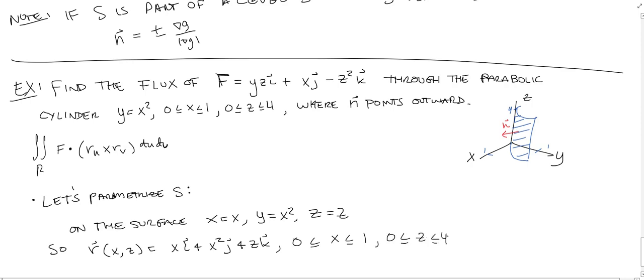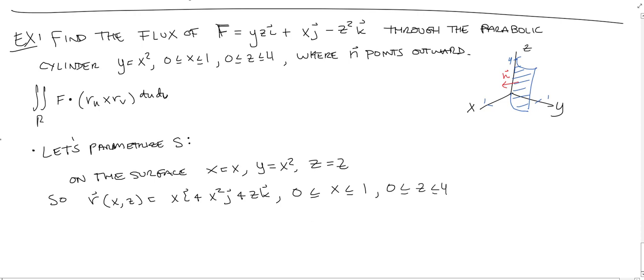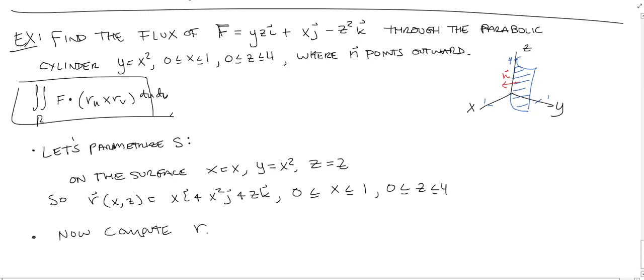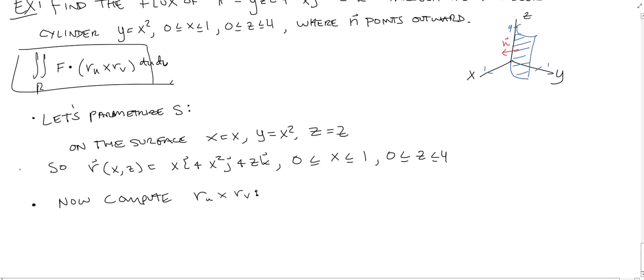Okay. So now let's just break down the steps that we're going to need to evaluate this integral. Next, we're going to need the cross product. So I'll say now compute r sub u cross r sub v. For us, that's r sub x and r sub z. So first find the partial derivative of r with respect to x.